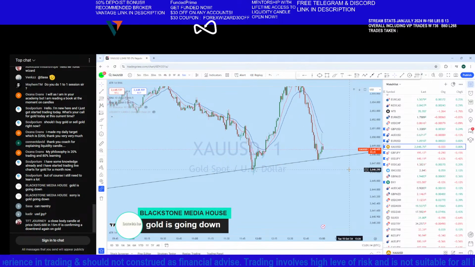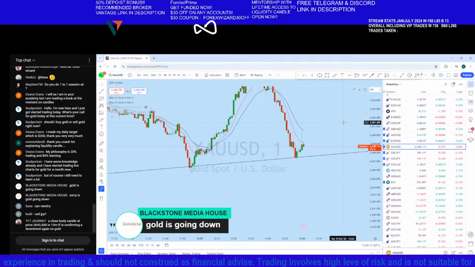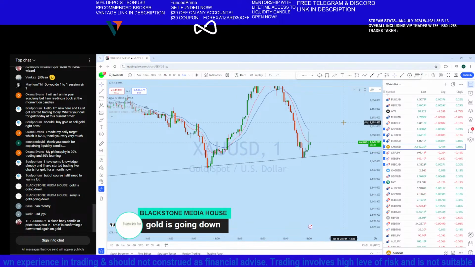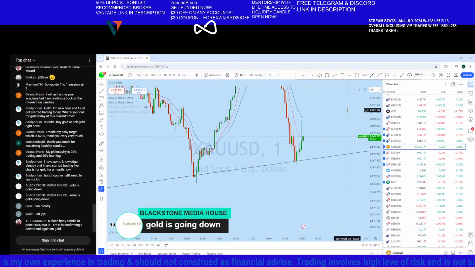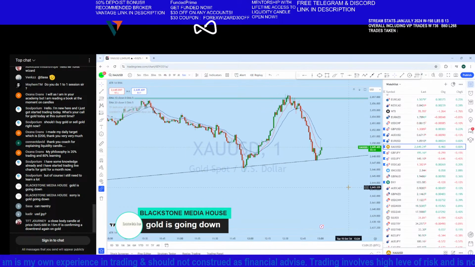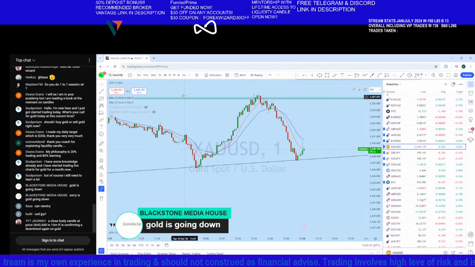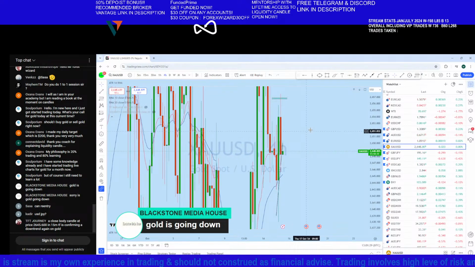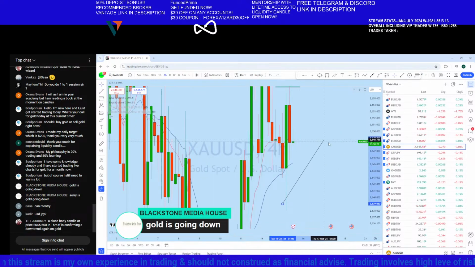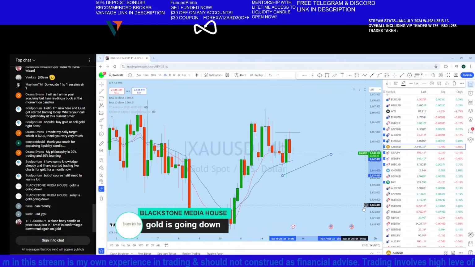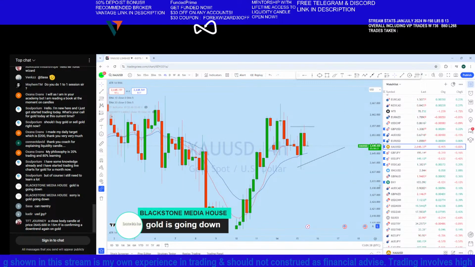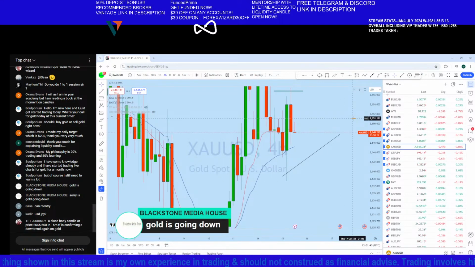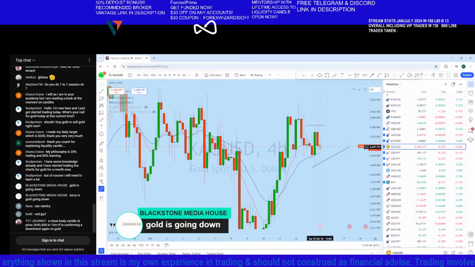Here we can see quite a few long wick candles. Let's see with the 4 hour close. We have just seen a candle close on the 4 hour time frame, and there is a long wick at the bottom, and it's got a rejection.